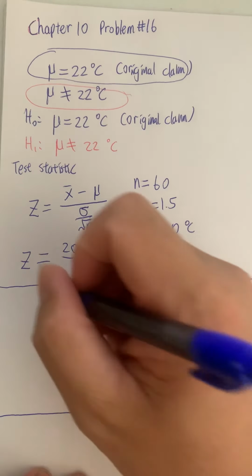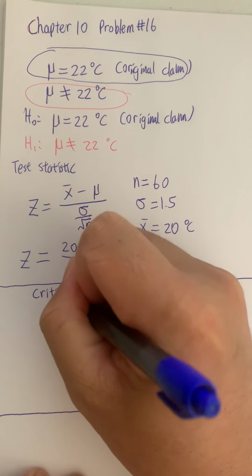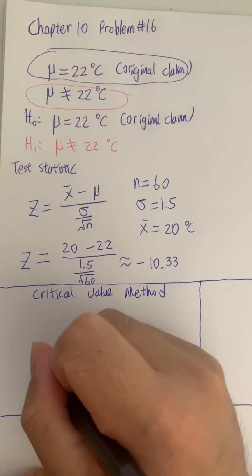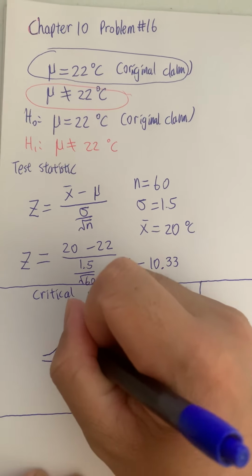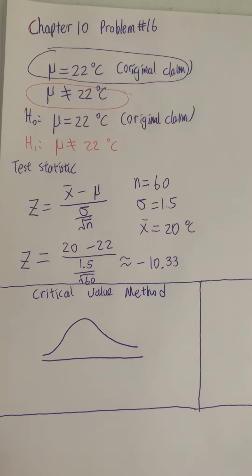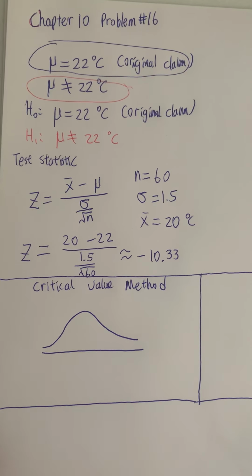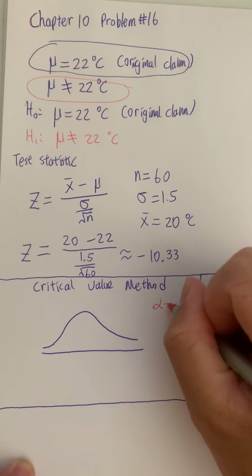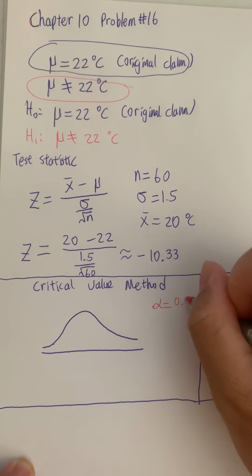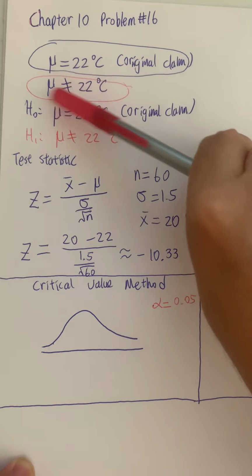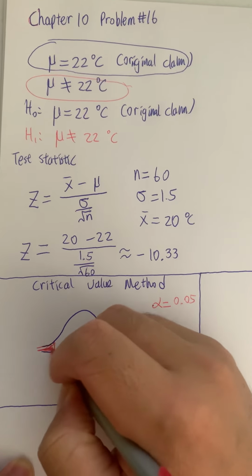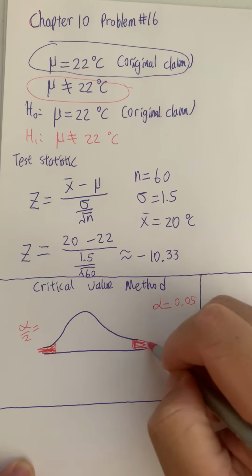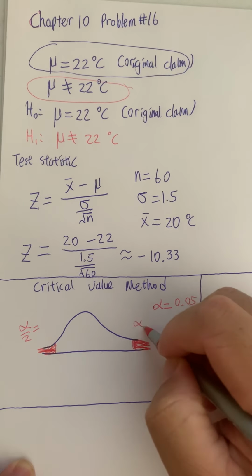So that is the critical value method. This is the standard normal distribution, and alpha on this problem is given to you as 0.05. Since this one is not equal to, that means two-tail. So here is alpha over 2, and this one is also alpha over 2.